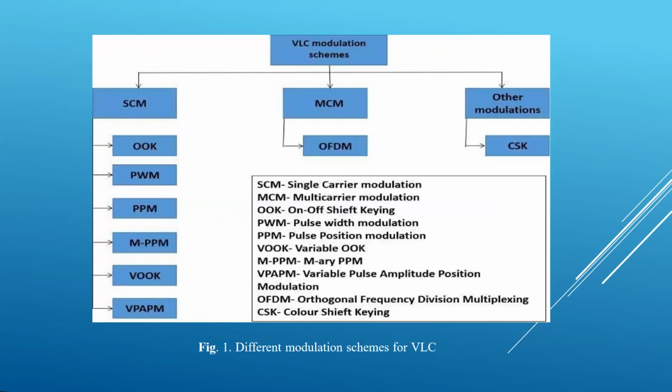This is a classification of VLC modulation schemes. All the techniques are used for getting non-flickering, dimmable visible light with a high data rate. So these are all the VLC modulation schemes which will be used.